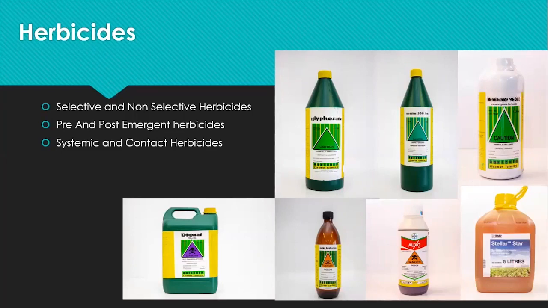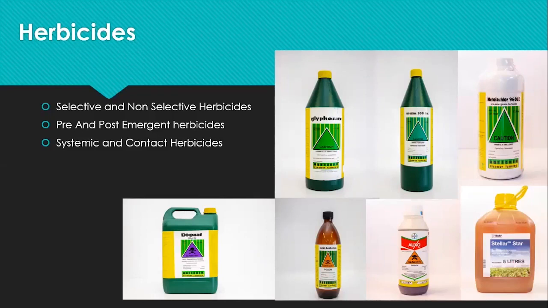But however, we do have an alternative to that, which is MCPA herbicide, which can be applied at about 500 mils per hectare against broadleaf weeds in maize at planting. And we're also, as Agricura, distributors of some of these other products. For example, from Bayer, a product called Oxo, which can be applied at 1.5 liters per hectare, or Stellar Star, which can be applied at 1 liter per hectare.